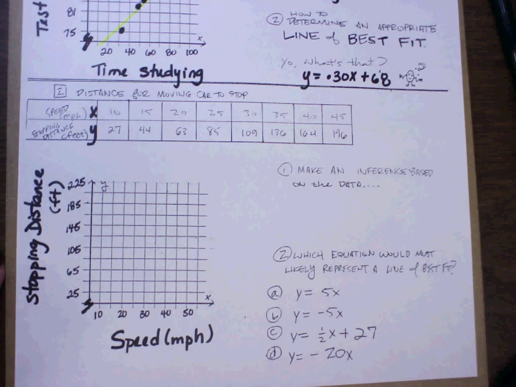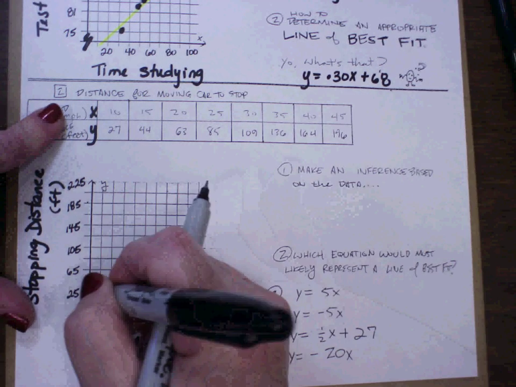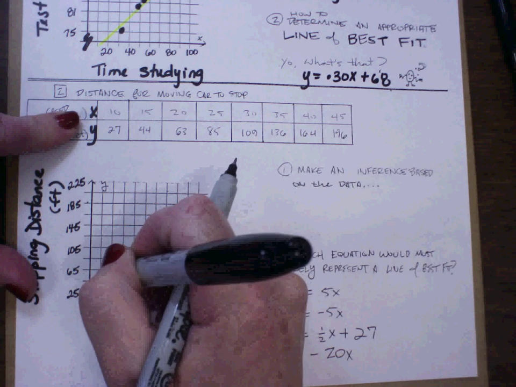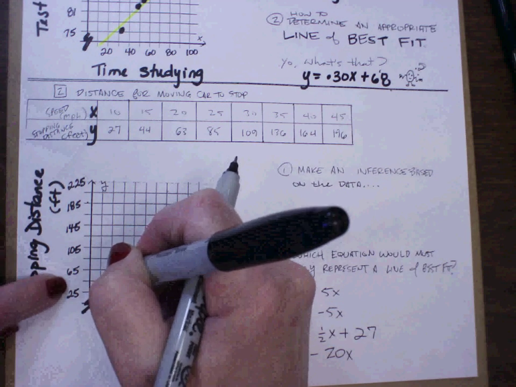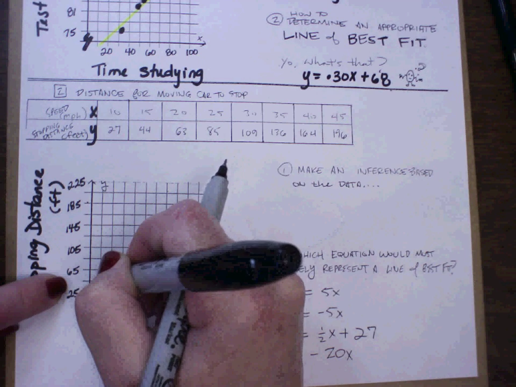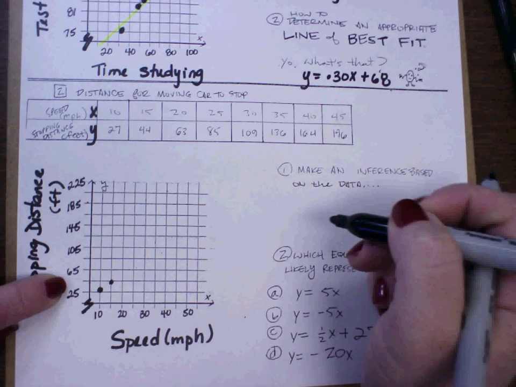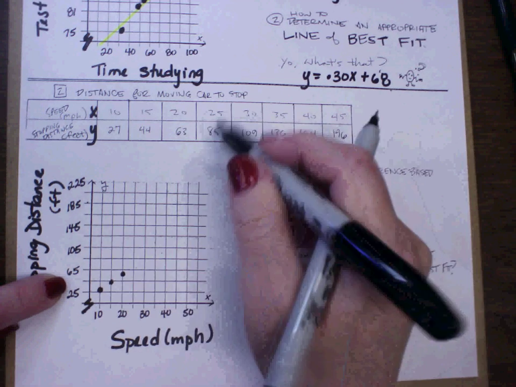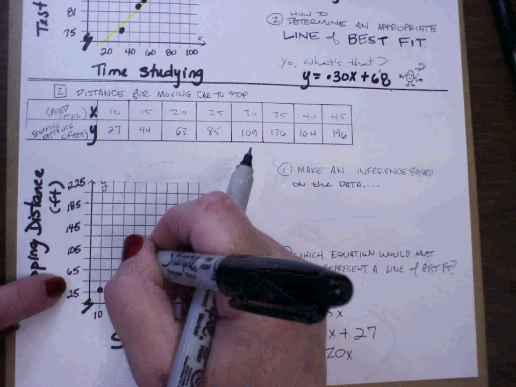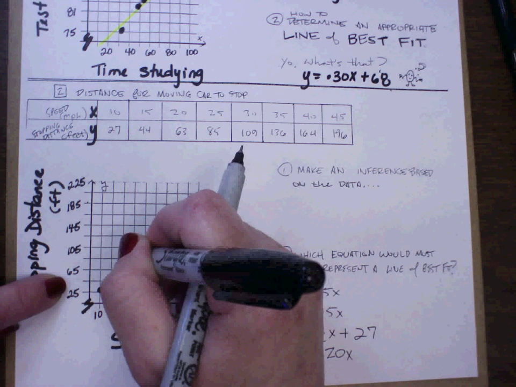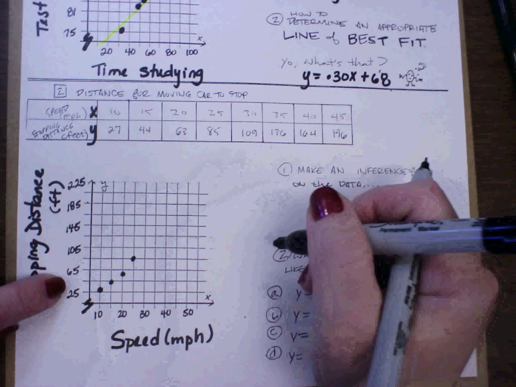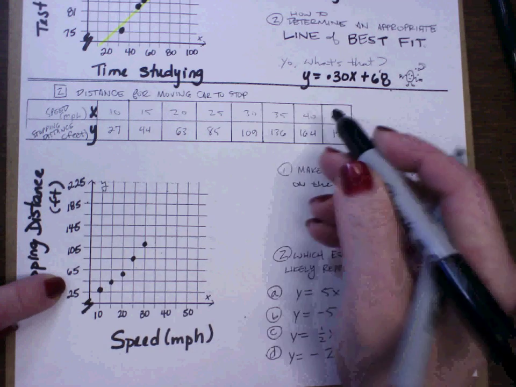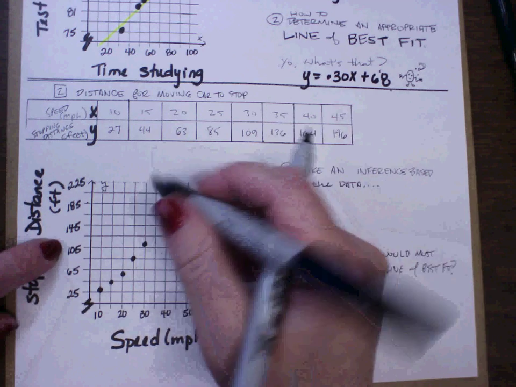So by 20s. All right. 10 and 27. 15 and 44. Which one was that one? 45, right? 20 and 63. 25 and 85. 30 and 109. 35 and 136.